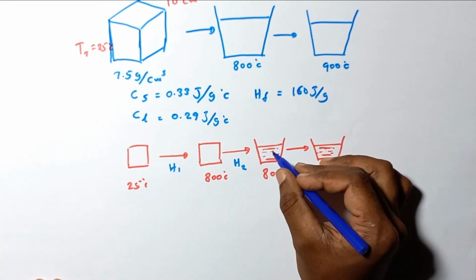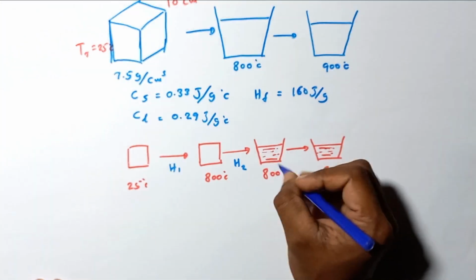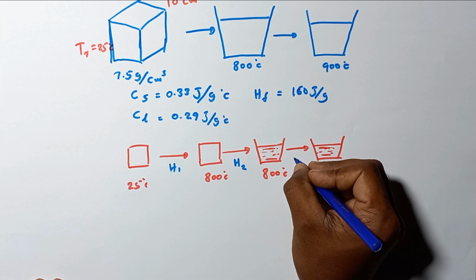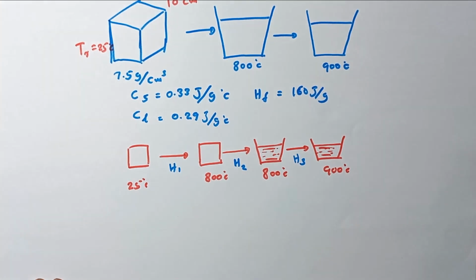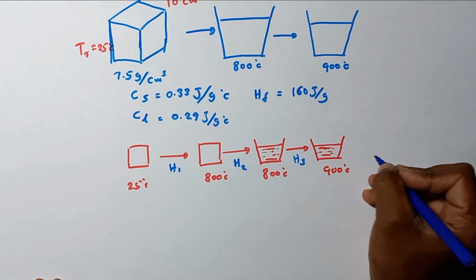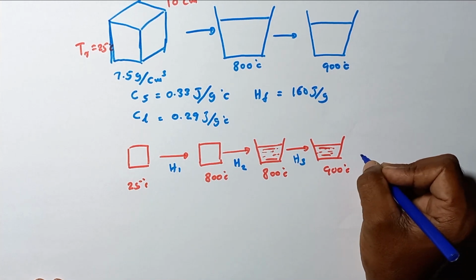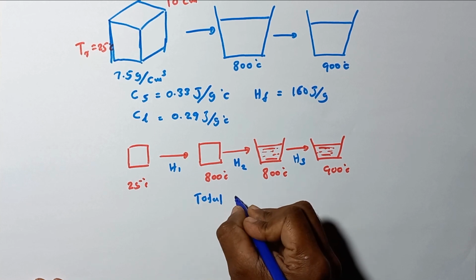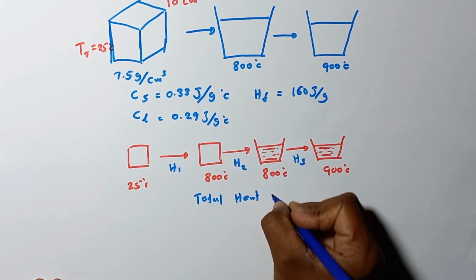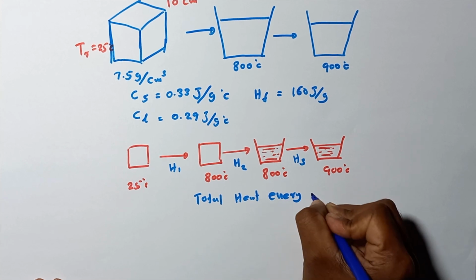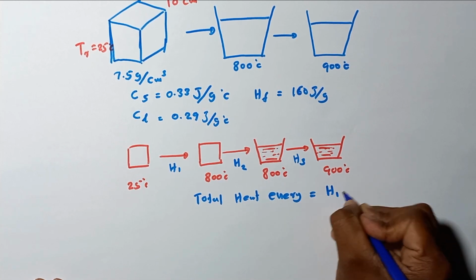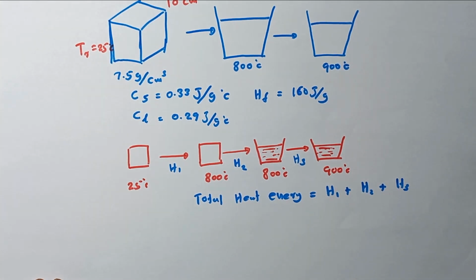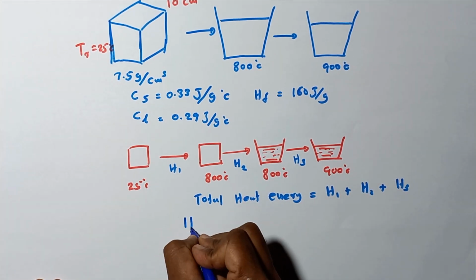Then to take the 800 Celsius liquid metal to 900 Celsius liquid metal, let's call the energy needed H3. There is no heat loss, so the total heat energy required is H1 plus H2 plus H3. Let's call this H.